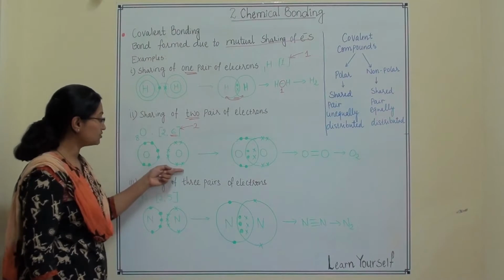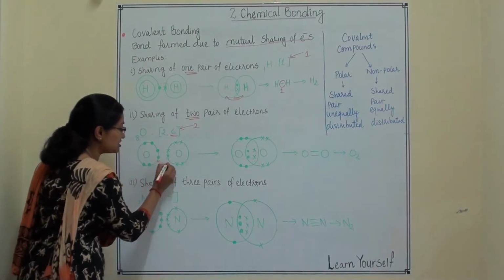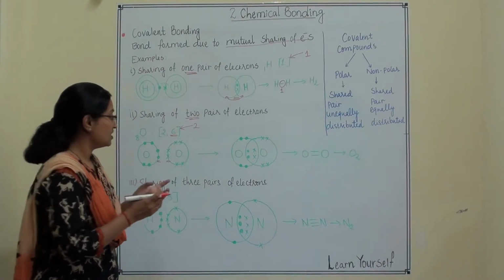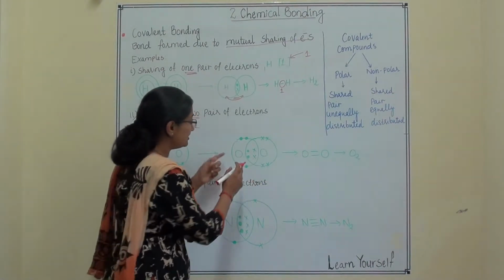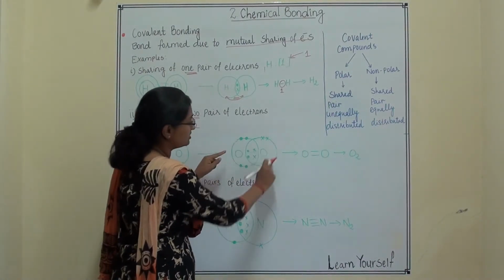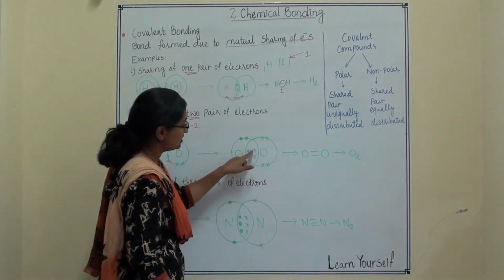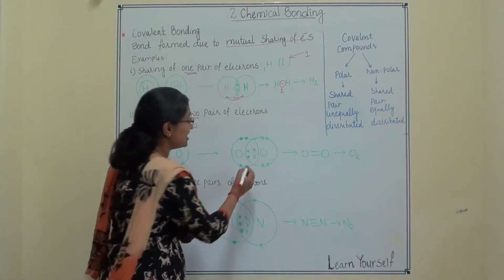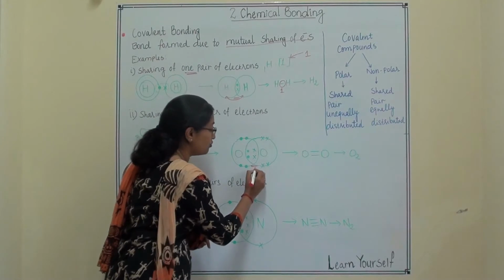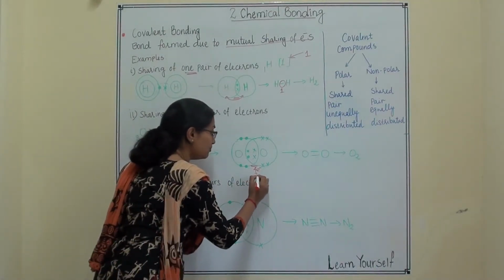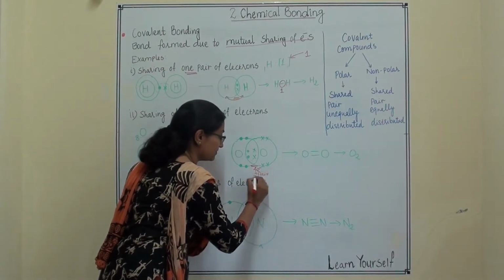These two oxygen atoms will share 2 electrons each. Here I have denoted this oxygen atom's 2 electrons as dots, and the 2 crosses are from the other oxygen atom. So they are sharing 4 electrons, which is 2 pairs of electrons.